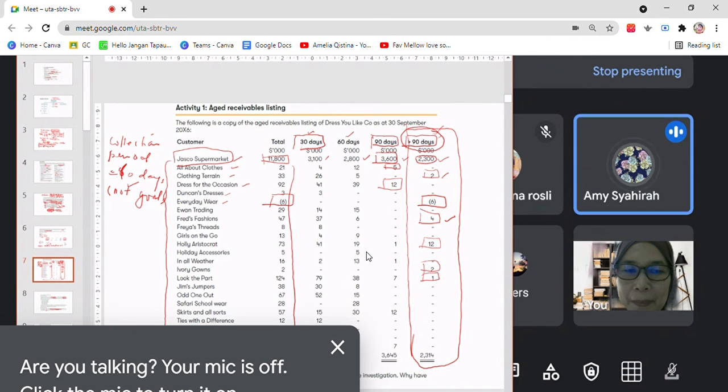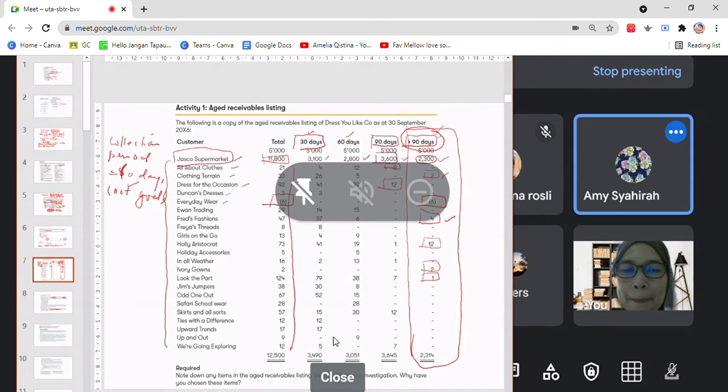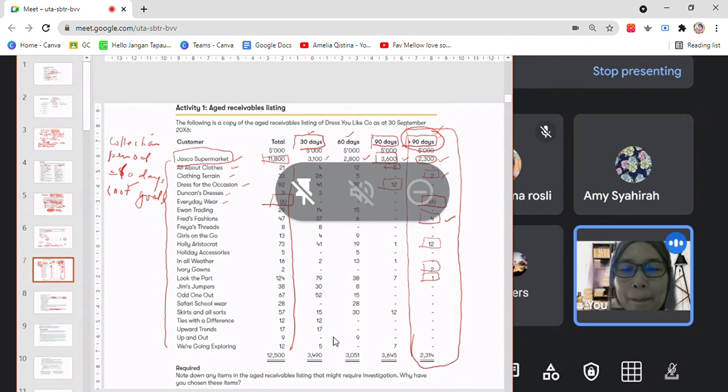Probably because it is already aged. They consider it as bad debts. Is this a bad debt? Is it a bad debt, Yasmin? Do you consider the negative balance as a bad debt?